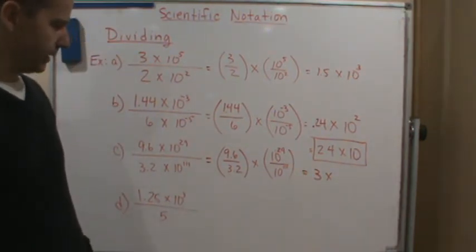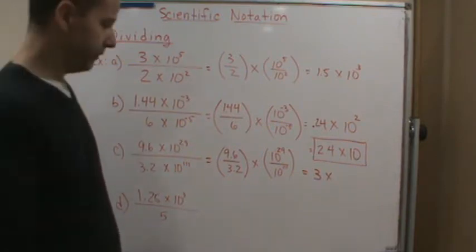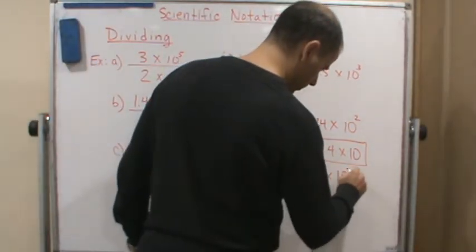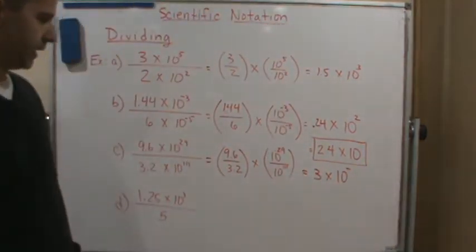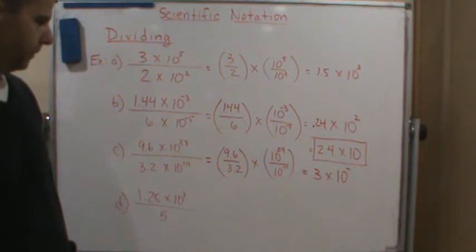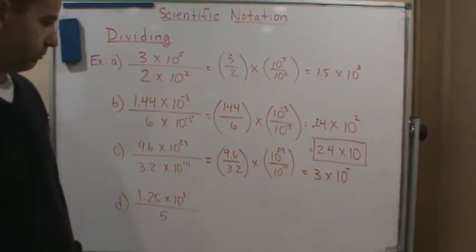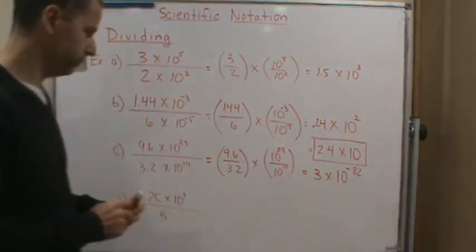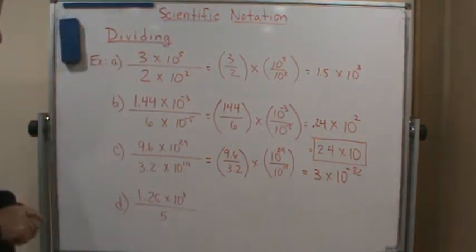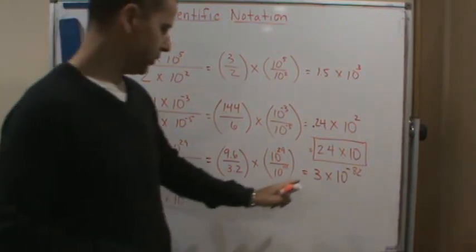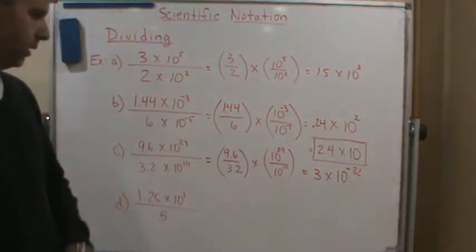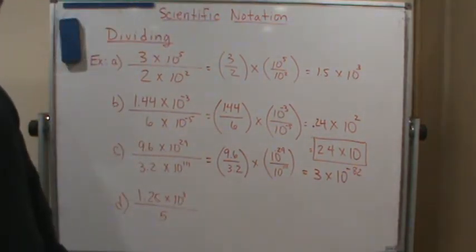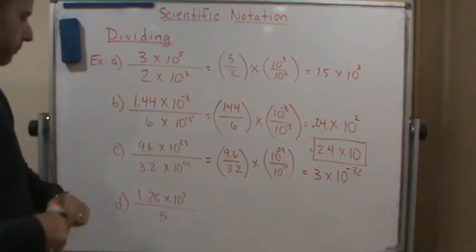So if we subtract that, we're going to end up with a negative exponent, and that's going to be negative 82. And that's it. We don't have to do any adjustments because this is already at least 1 and less than 10.